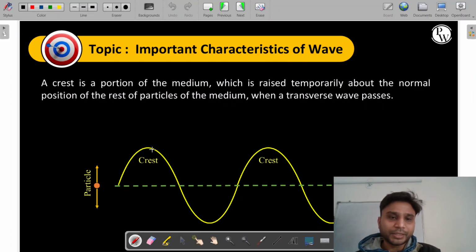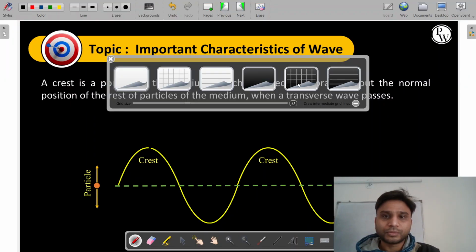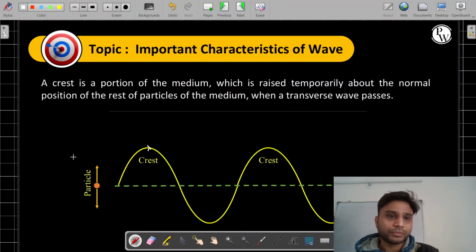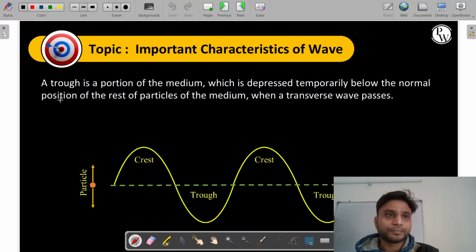The maximum particle displacement is called crest. So these are some crests. And negative y displacement are called troughs.